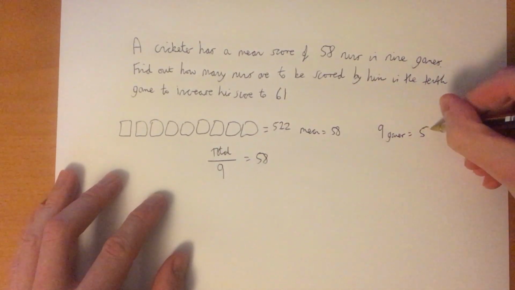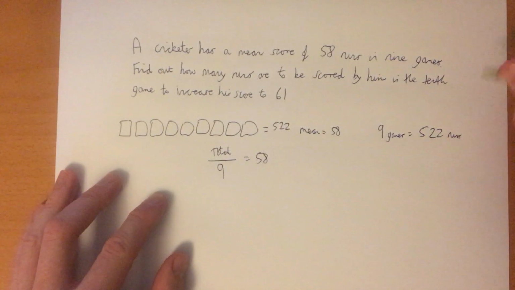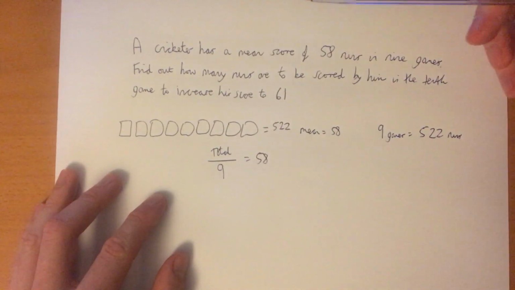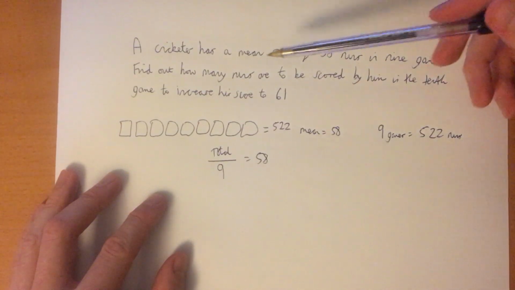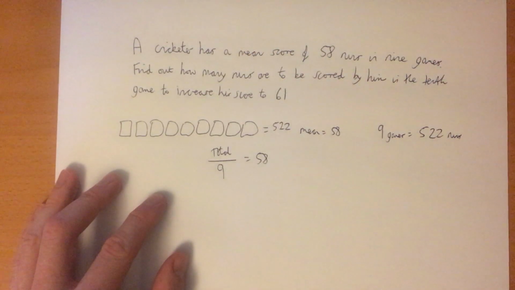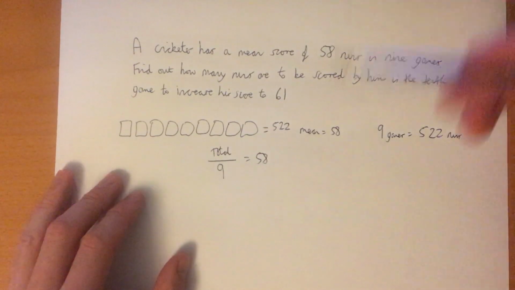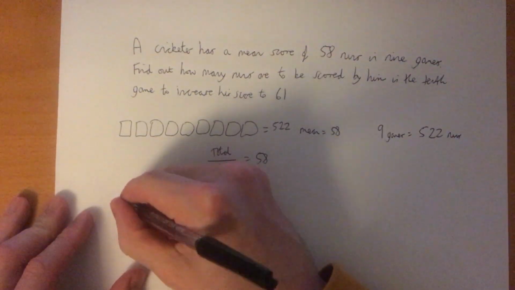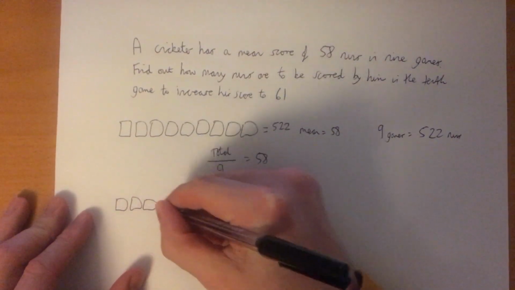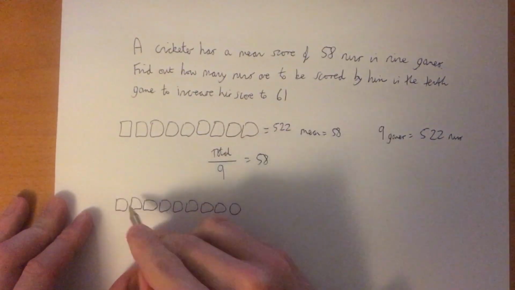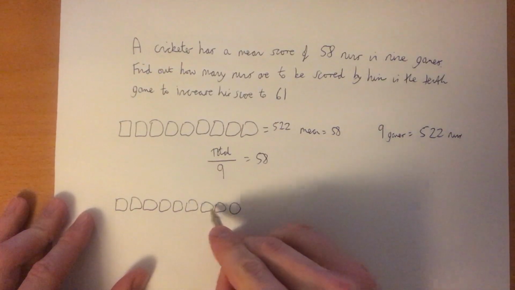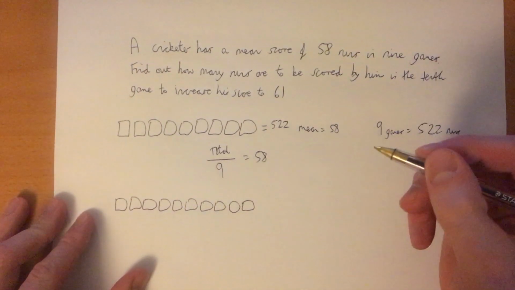he scored 522 runs. But then it says, find out how many runs are to be scored by him in the 10th game to increase his score to 61, his mean score to 61. So I'm going to do a similar thing. I'm going to draw out the boxes, but this time I'm drawing out 10 boxes. 1, 2, 3, 4, 5, 6, 7, 8, 9, 10.